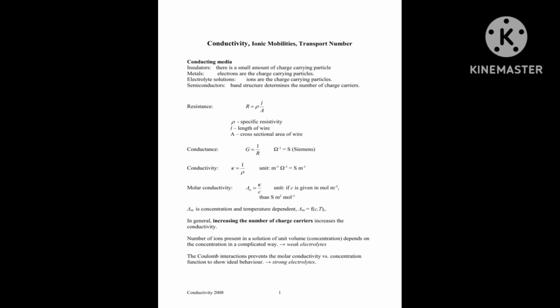According to the question, you were supposed to calculate conductivity and molar conductivity. The molar conductivity formula you know: molar conductivity is equal to kappa divided by concentration. The kappa value we have calculated is 0.248 Siemens per meter.